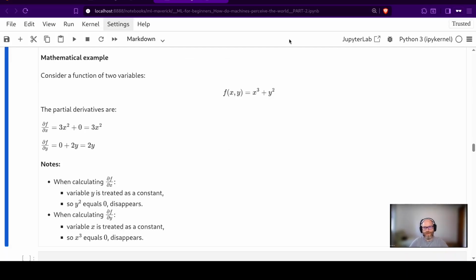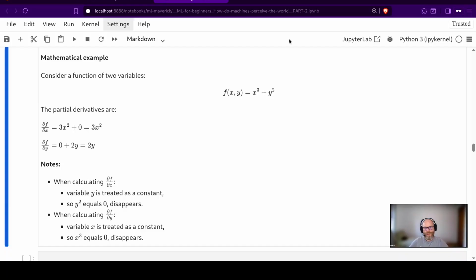Mathematical example. Consider a function of two variables, f of x, y equals x cubed plus y squared. The partial derivatives are: partial derivative of f divided by partial derivative of x equals 3 times x squared plus 0, which equals simply 3 times x squared.